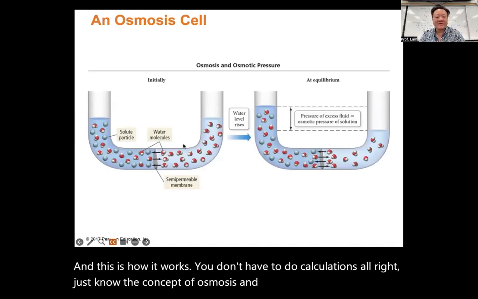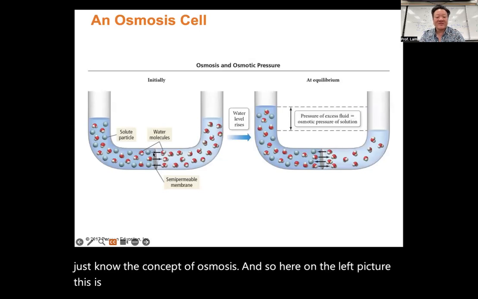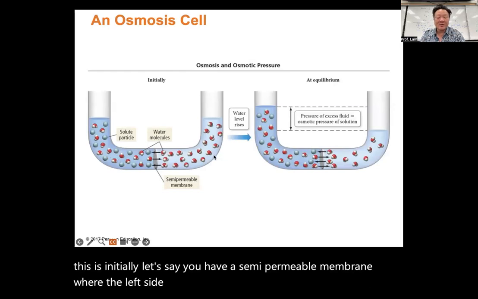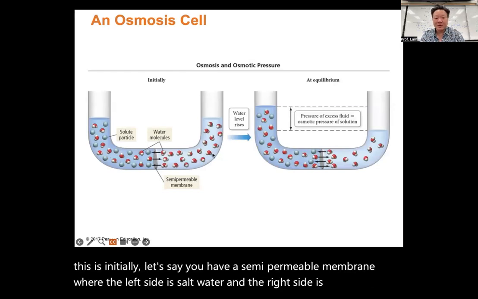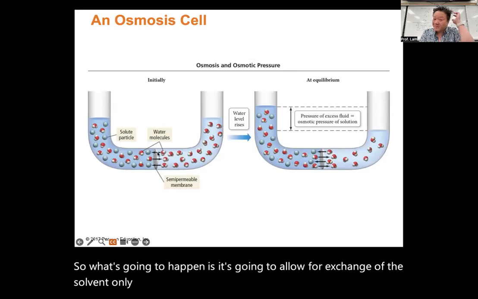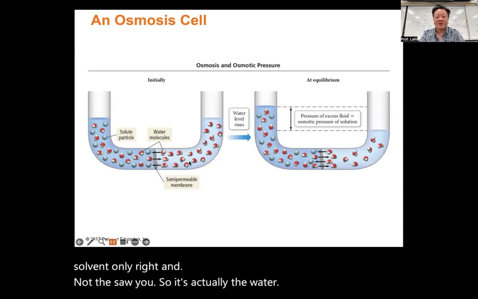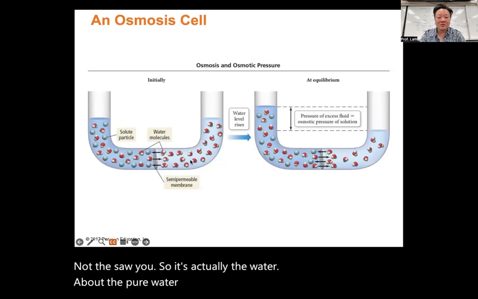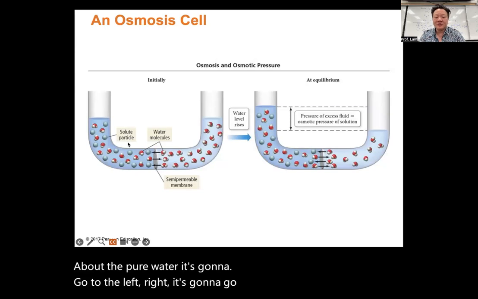So here on the left picture, this is initially, let's say you have a semi-permeable membrane where the left side is salt water and the right side is just pure water. So it's going to allow for exchange of the solvent only, and not the solute. So the pure water is going to go to the left, to dilute the salt water on the left side.